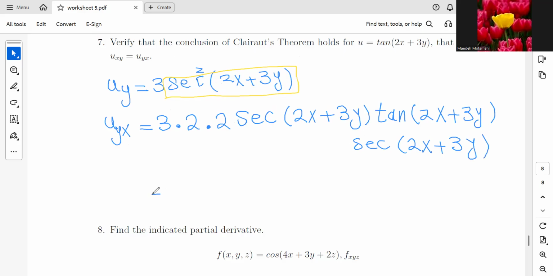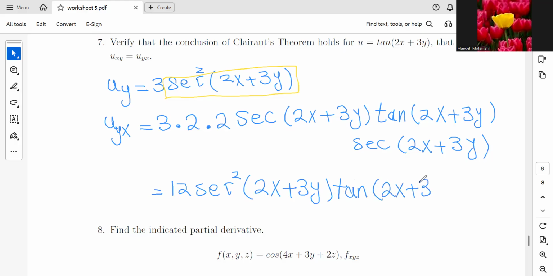So altogether, it will be 12 secant squared of 2x plus 3y times tan of 2x plus 3y, which is the same as the previous one. So this is satisfied and the theorem holds here.